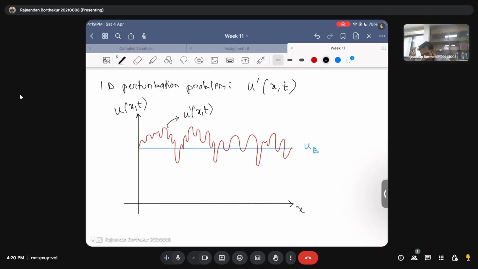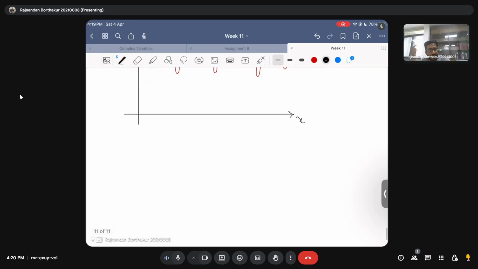Since this is an eigenvalue problem, as I said, I say that my perturbations, let's say u prime of x comma t, are equal to some u tilde of x, which happens to be the eigenfunction, times e power sigma t, where sigma, as we say, is nothing but the growth rate.